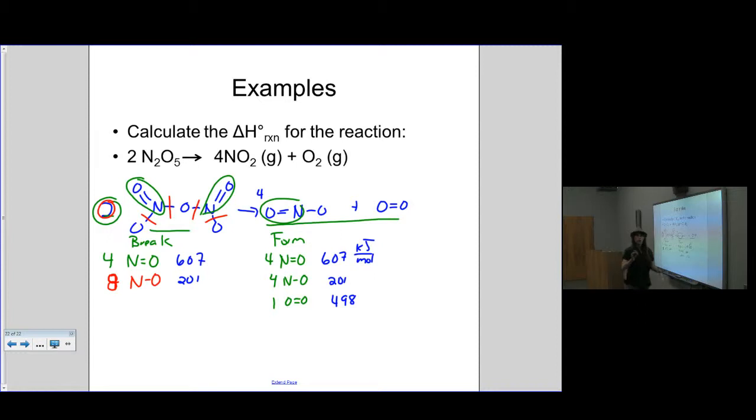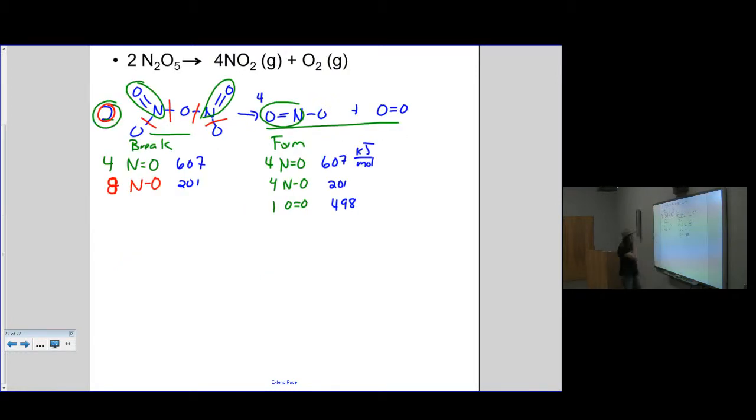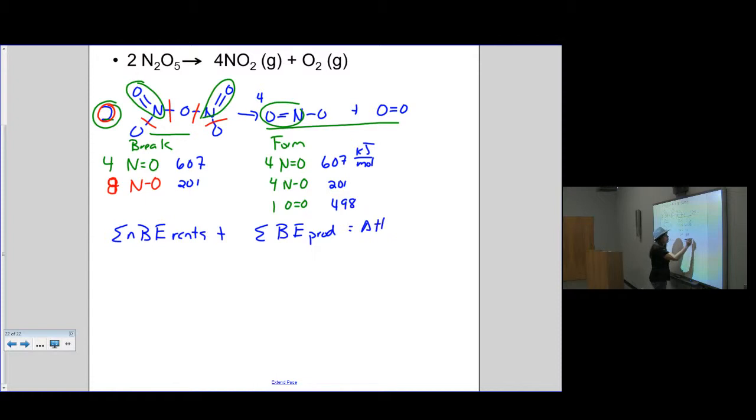Now, technically, you're supposed to break everything and put everything back together. So let's do it that way first. I'm going to take the sum of bond energy for the reactants, that's times N, plus the sum of the bond energy for the products, and that will be equal to my enthalpy value. Actually, I'm just going to skip that because the truth is, you're smart, that's why you're in chemistry. Look, you've got 4 NO bonds here and 4 NO bonds there, right?